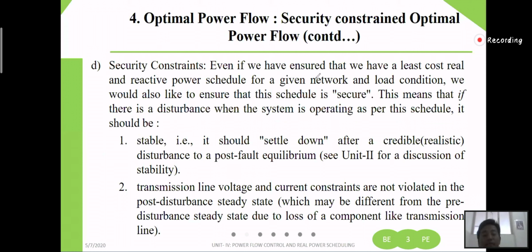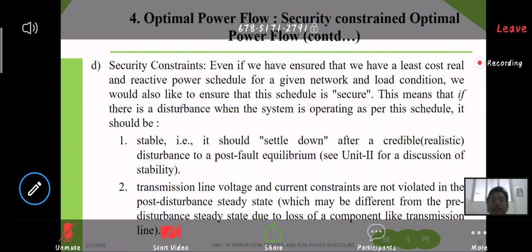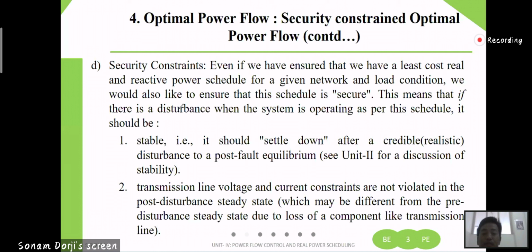Even if we have ensured a least-cost real and reactive power schedule for a given network and load condition, we would also like to ensure that this schedule is secure. If the supply is not reliable, you will not like to take power from that company, even though the cost might be very cheap.